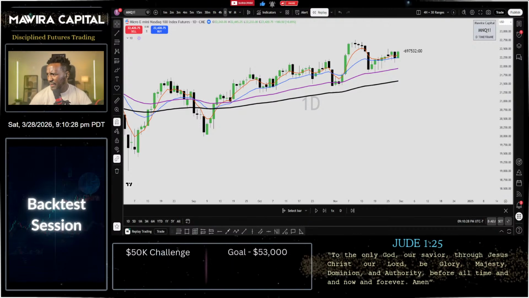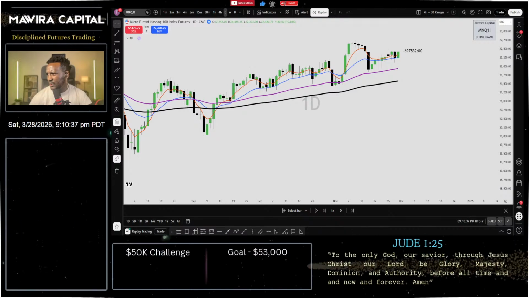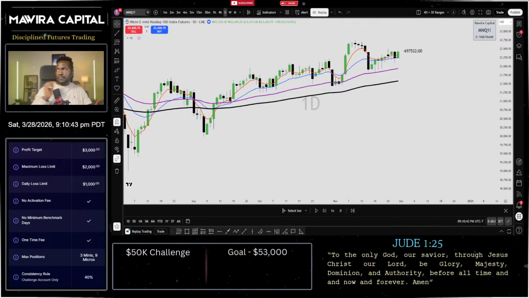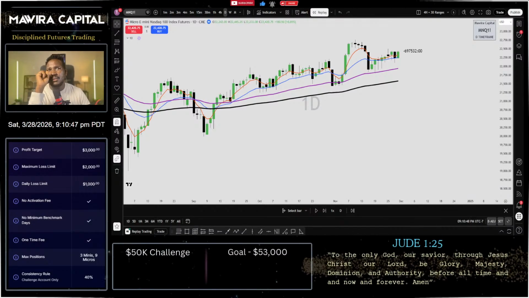Look at this on the left here if you're watching. They're only giving you 3 minis to work with and 9 micros.